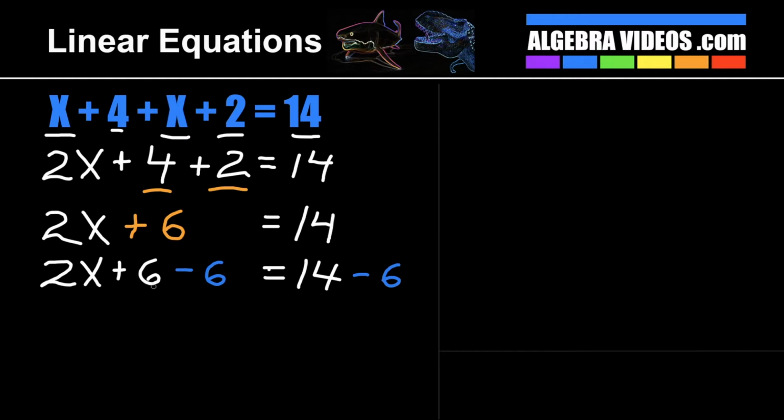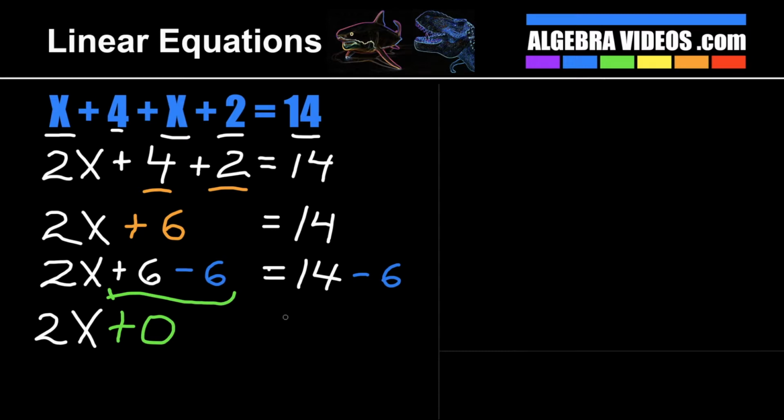So now I'm going to simplify these terms on the left side. This plus 6 and minus 6, this is all going to simplify to 0. That is going to be plus 0. So we'll just bring down the 2x, and then plus 6 minus 6 is 0, right? So we're just going to leave that as 0.